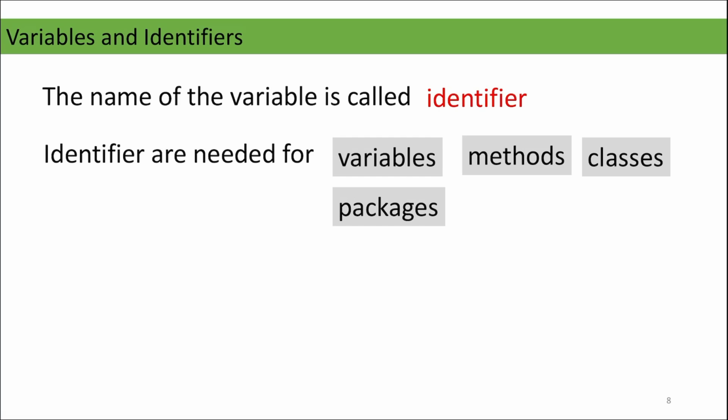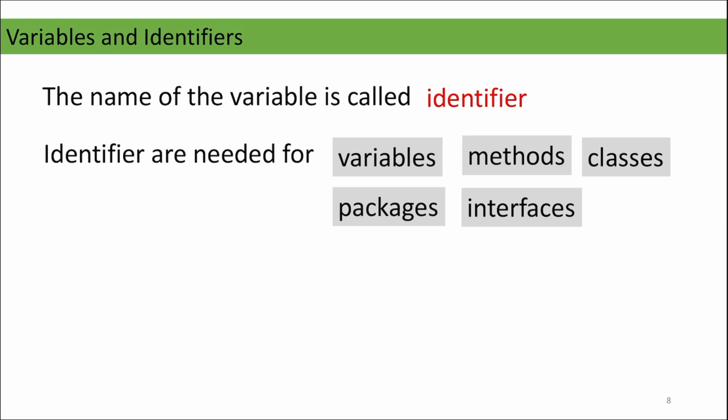A collection of classes becomes a package, and then comes something called an interface that links different classes and creates some sort of a template. So all these five must have an identifier, or need to have an ID to represent them, or a name to be used to refer to the right one.